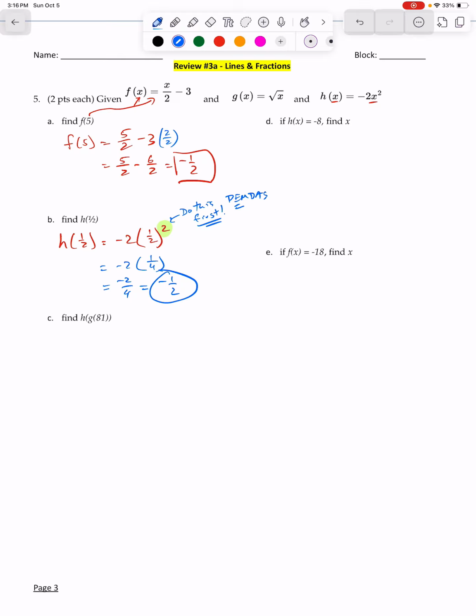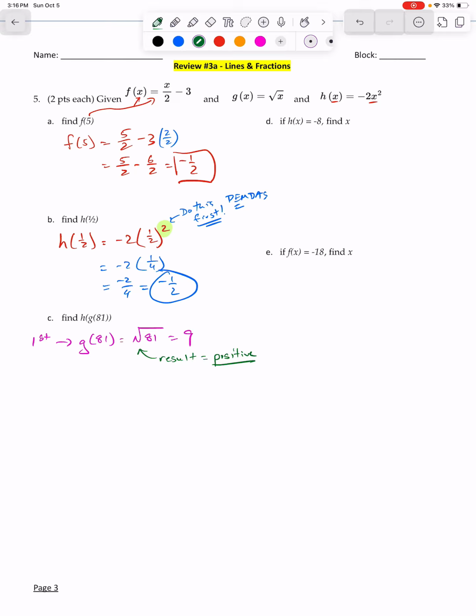H of g of 81. So the first thing I've got to do first, I got to figure out what g of 81 is. So it's the square root of 81, which is 9. And it's important to remember that the result here is positive because it's a function.